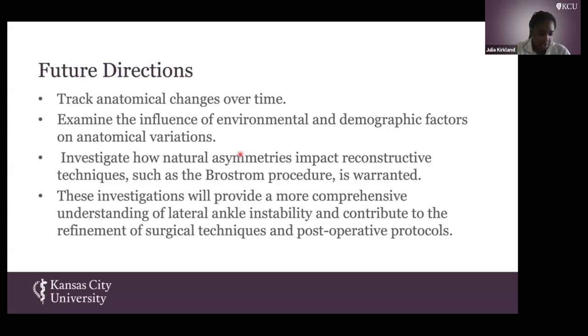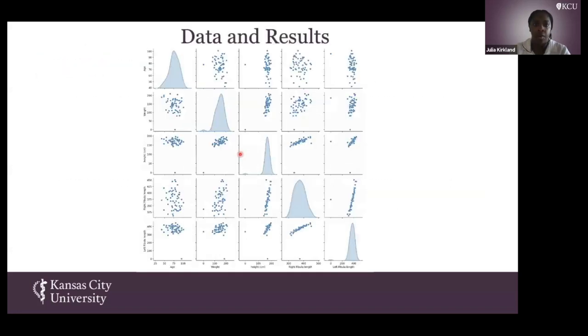Additionally, further investigation into how natural asymmetries impact reconstructive techniques, such as the Broström procedure, is warranted. These investigations will provide a more comprehensive understanding of lateral ankle instability and contribute to the refinement of surgical techniques and post-operative protocols. And I was a little nervous.